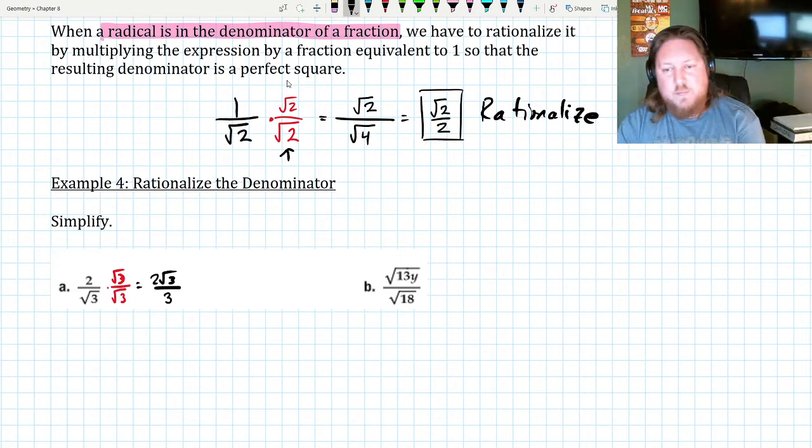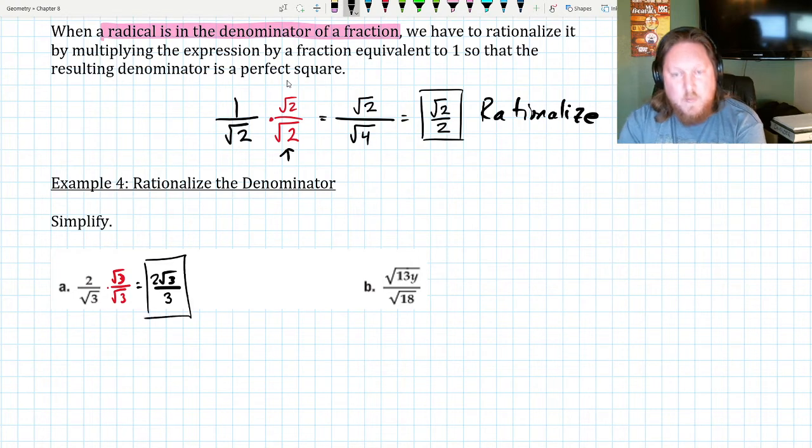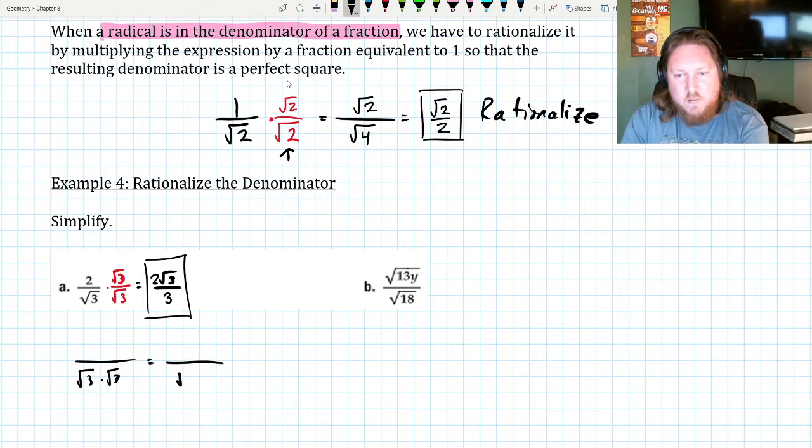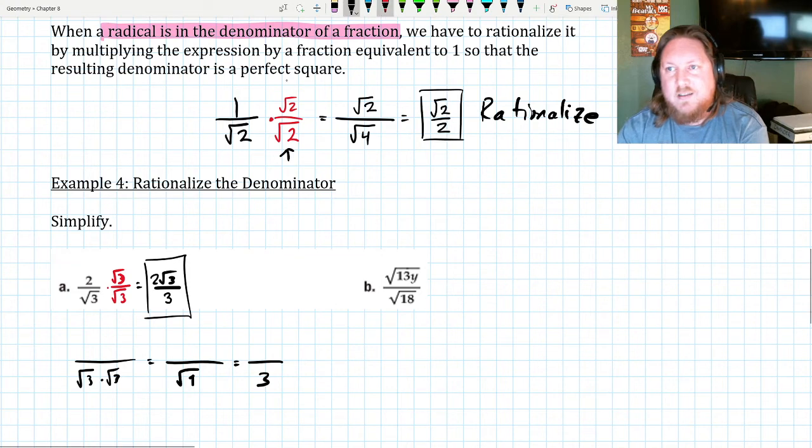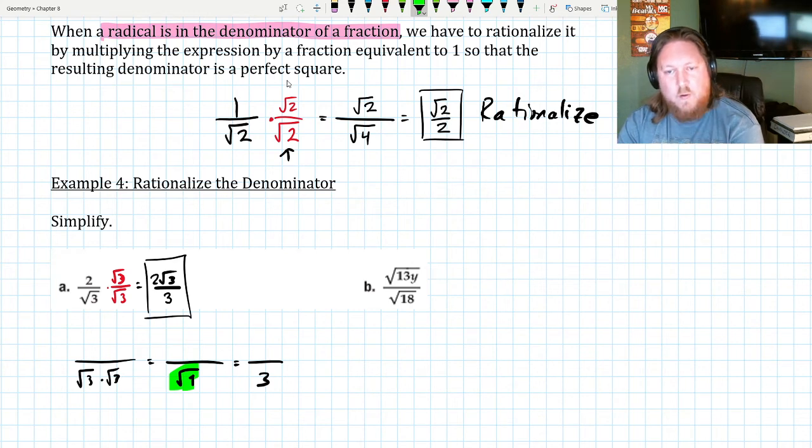Now, if you do this properly, if you have the square root times the square root again, the square roots just disappear and you're left with the radicand. But really what's happening in the denominator is you have root 3 times root 3, which is the square root of 9, which is 3. I just skipped this step in the middle. If you choose the right radical, it'll always just cancel out the radical and leave you with the radicand.